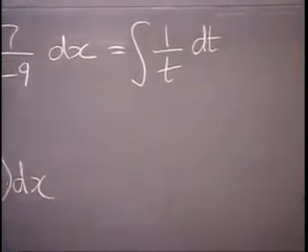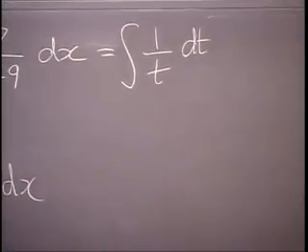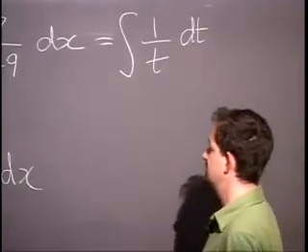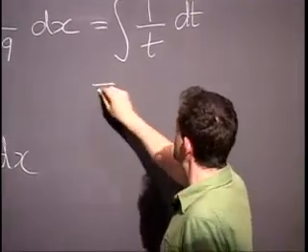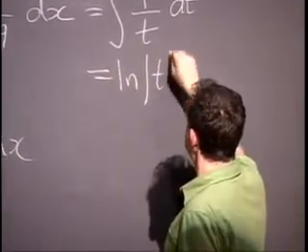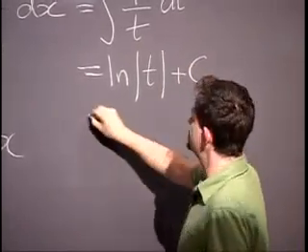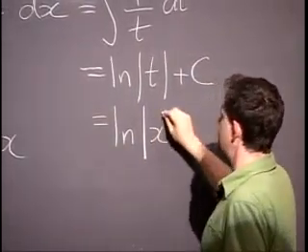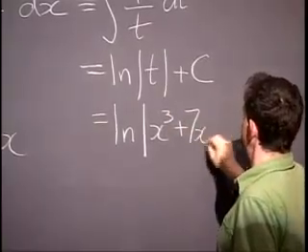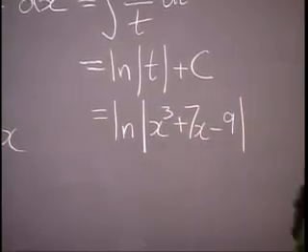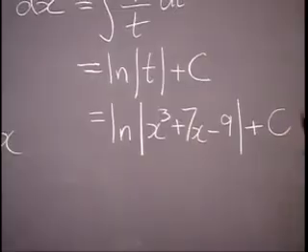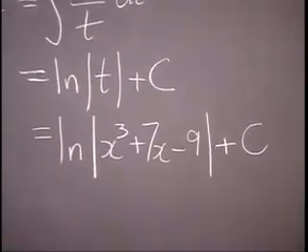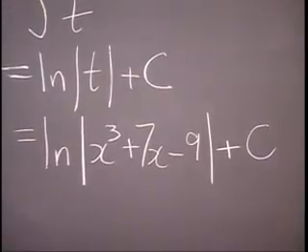The entire top is dt, and the bottom is just t. So this time you get natural log of the absolute value of t plus a constant. And if you replace t, you get natural log absolute value of x cubed plus 7x minus 9 plus a constant.